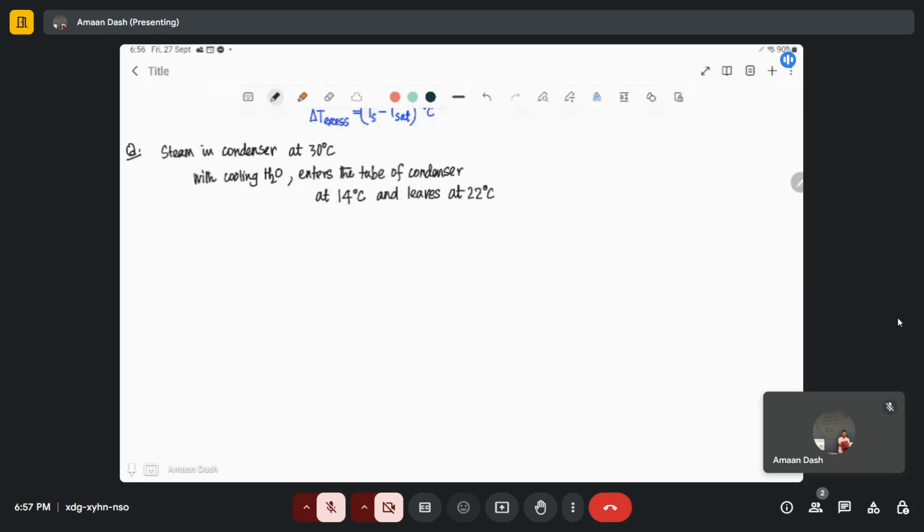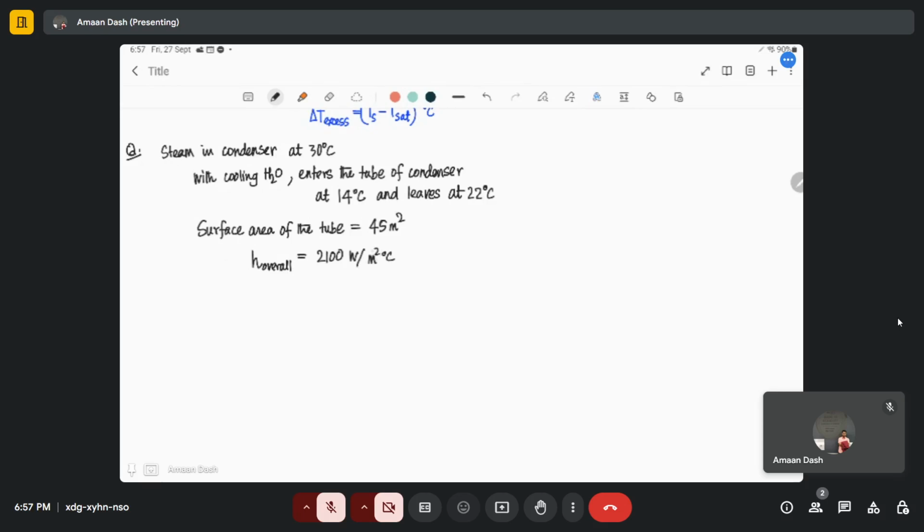The surface area of the tube is equal to 45 meters square, and the overall heat transfer coefficient, H overall, is equal to 2100 watt per meter square degree Celsius.